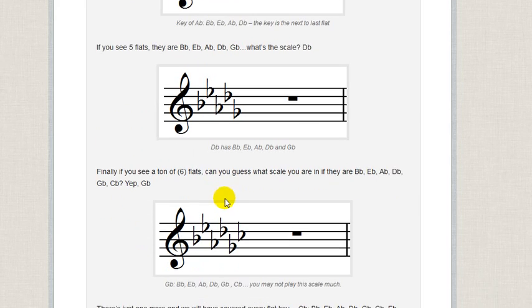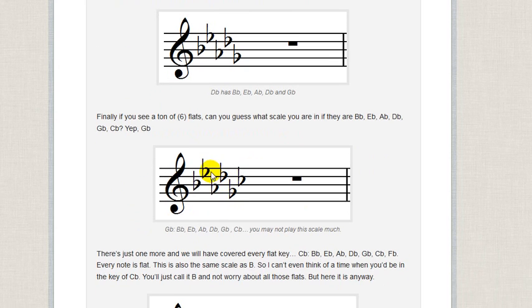And the next one, B, E, A, D, G, C. So if you're in, I'm sorry, B, E, A, D, G, C flat, G flat is the key you're in.